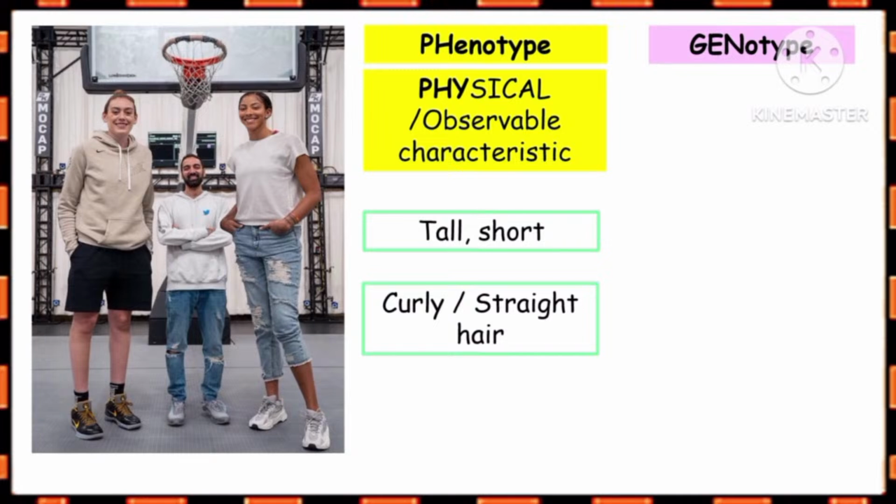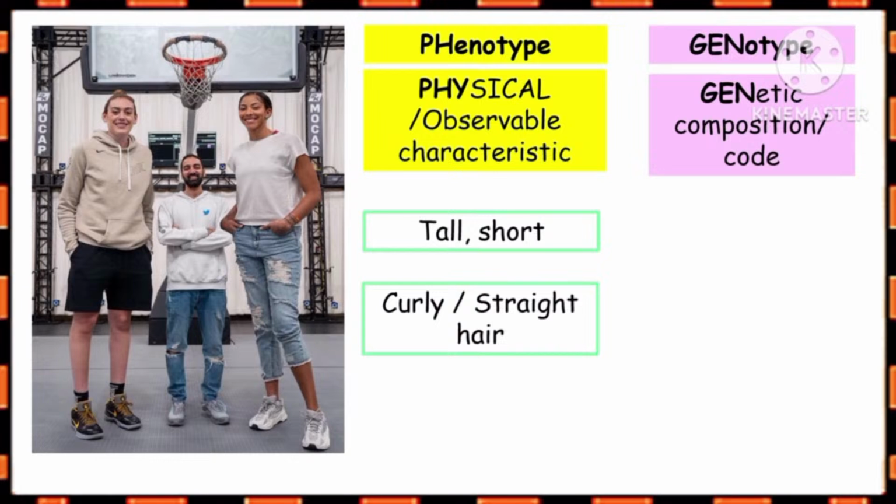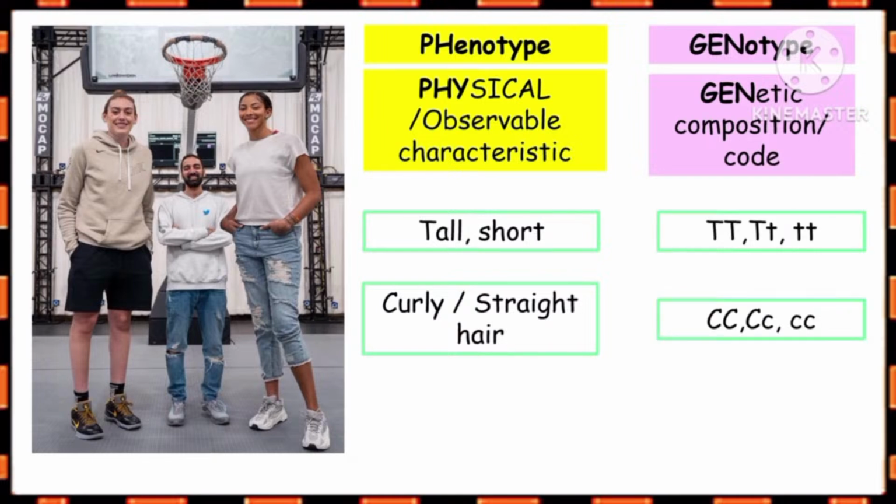But there is also phenotype which cannot be seen from the physical appearance, such as the blood group. How about genotype? Genotype refers to the genetic composition, or the code for the physical characteristic or the phenotype. For example, what is given here. These are known as genotype.